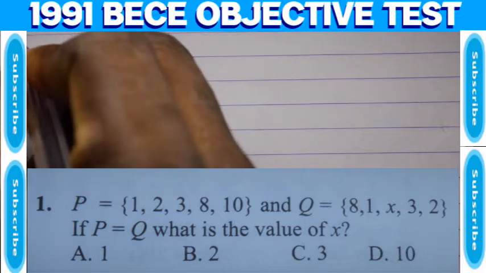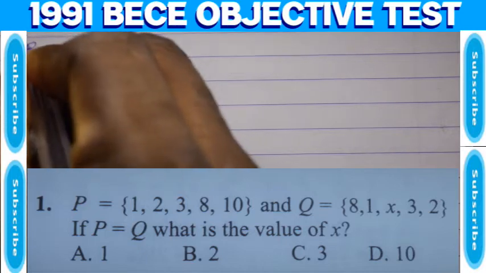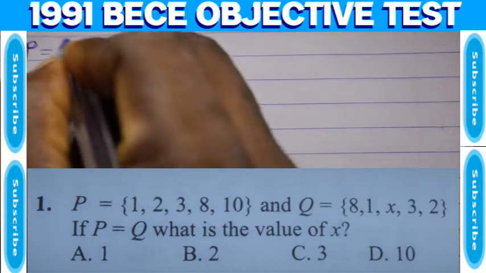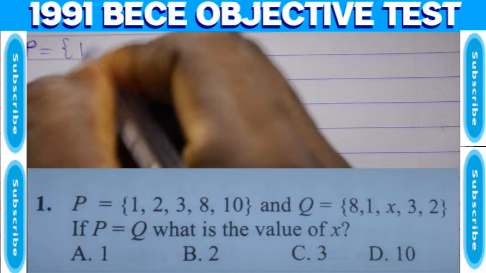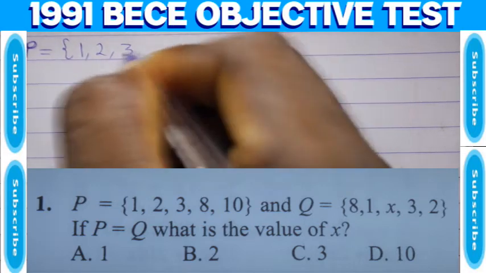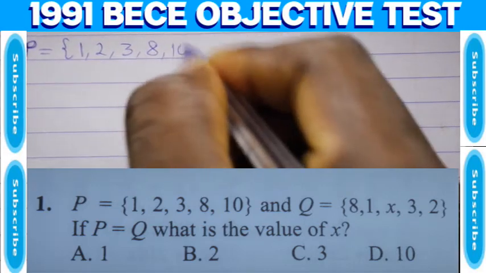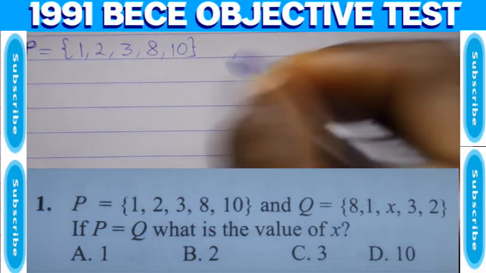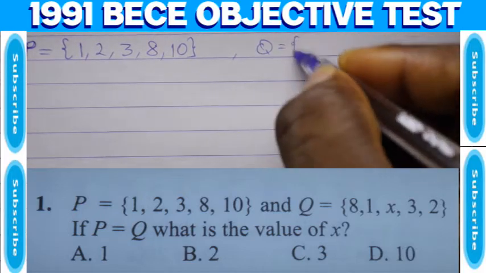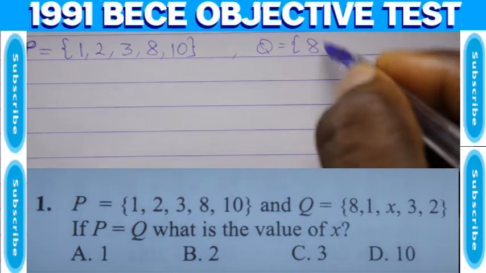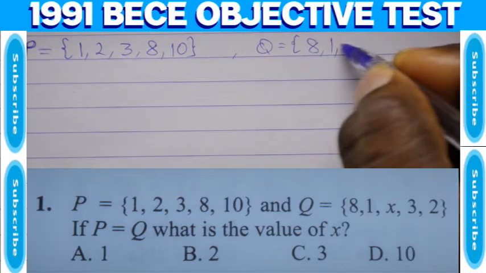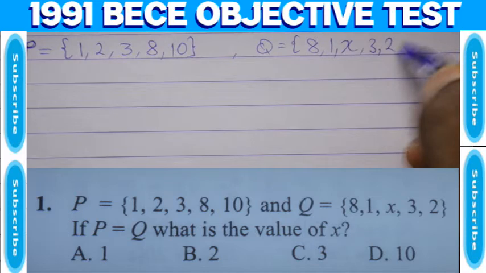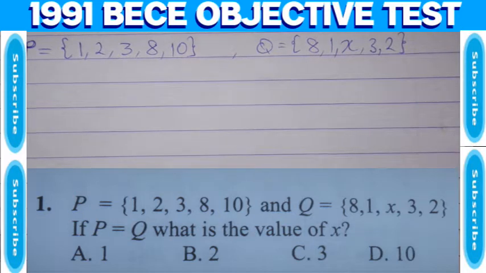We have set P, and then we have set Q. Alright, so this is what we have for the two sets.